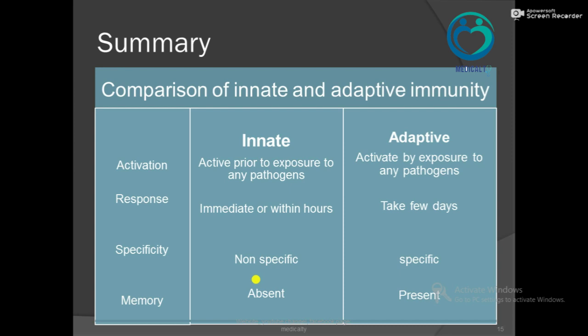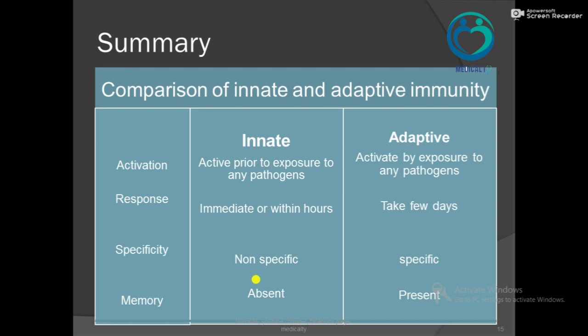But the adaptive system needs to be activated after exposure to any pathogen. Response: the innate immunity will respond immediately to any microorganisms or within hours, but the adaptive system will take action within a few days.